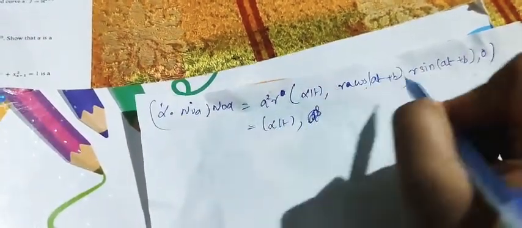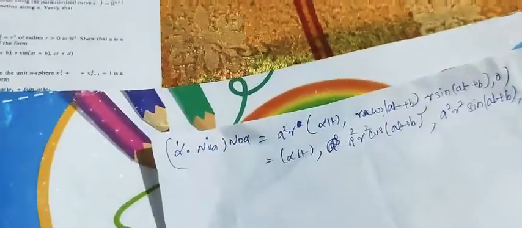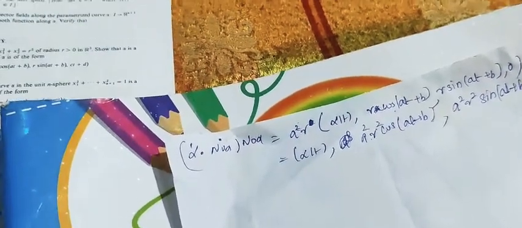So we have a square r square cos of at plus b, a square r square sin of at plus b, comma 0. So this is our alpha dot n composition alpha dot into n composition alpha.